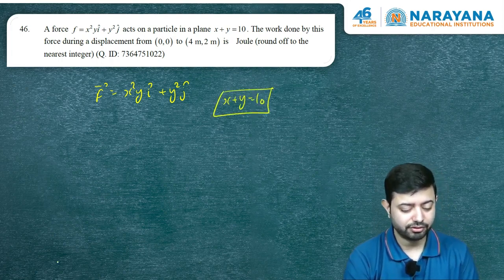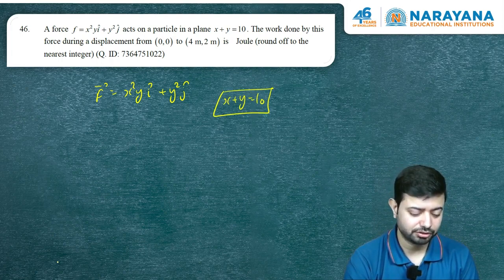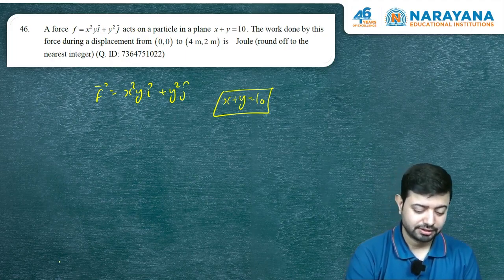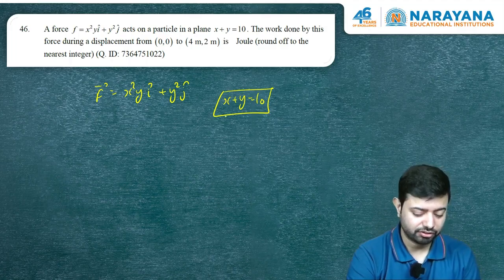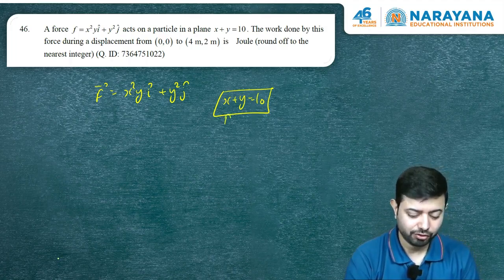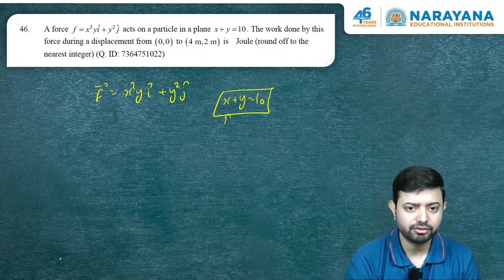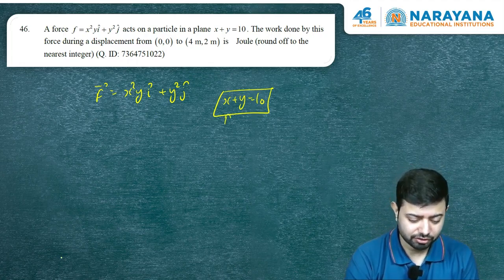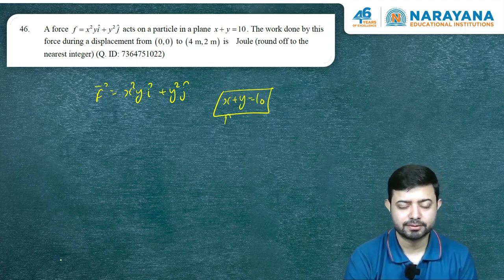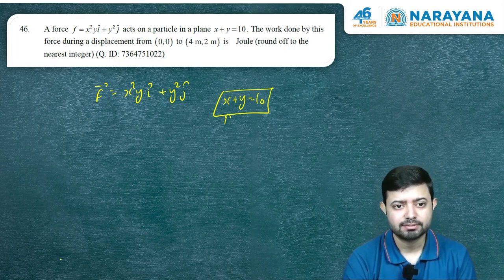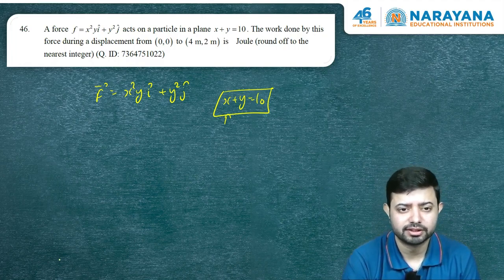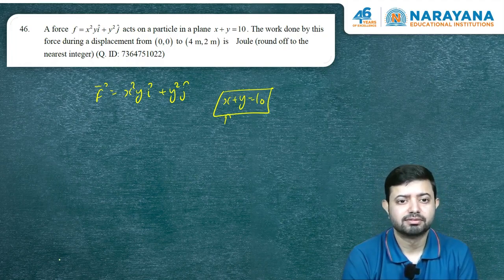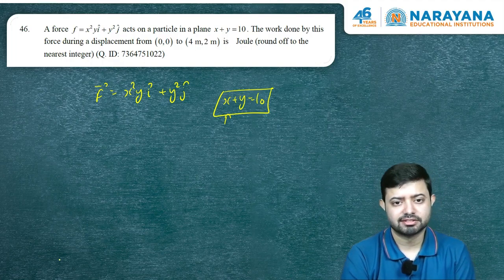Now, the work done by this force during the displacement from (0, 0) to (4, 2) is asked, right. But the problem is that (0, 0) does not lie on this plane, and (4, 2) is also not lying on this plane. Then this question is not structured correctly, maybe some numbers might be different in the actual question. That is why this question will be raised as an objection.